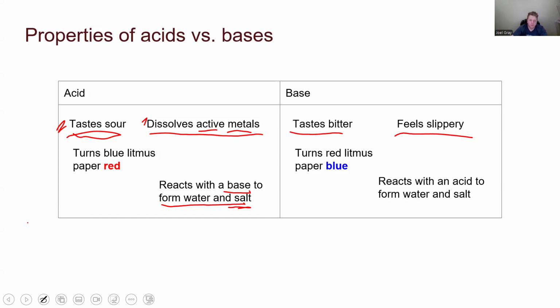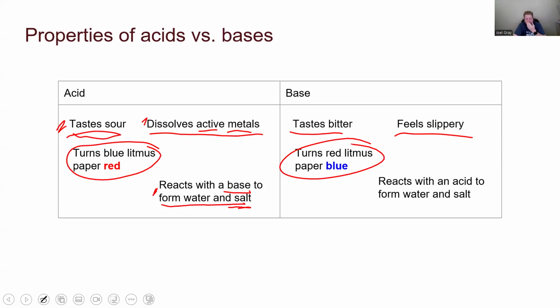So these are properties of acids, and then bases taste bitter, feel slippery, and they react with acids. The last thing is acids and bases can turn a piece of paper, specifically blue litmus paper or red litmus paper, red or blue respectively.